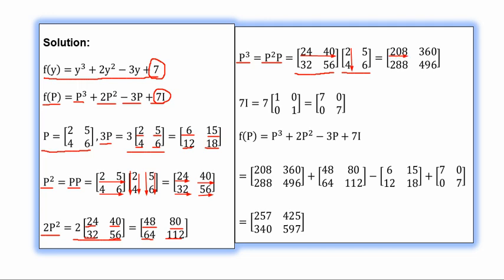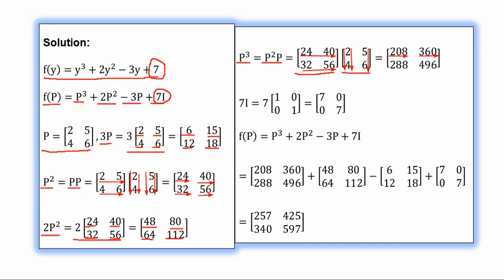When you add the same first row times second column, 24 times 5 plus 40 times 6, that is 360. You go to the second row and use it to multiply the first column first.